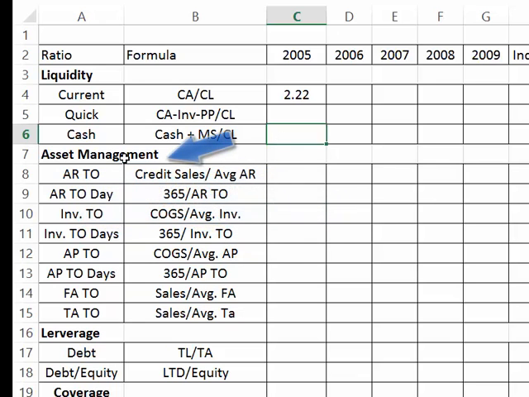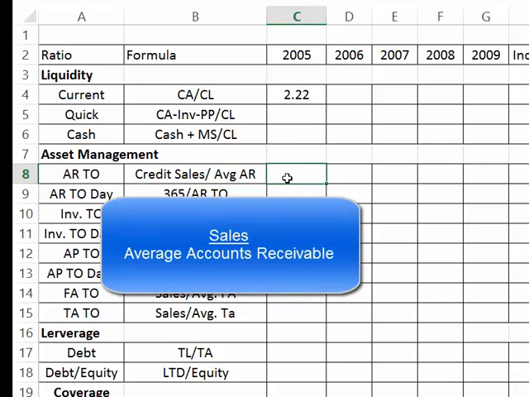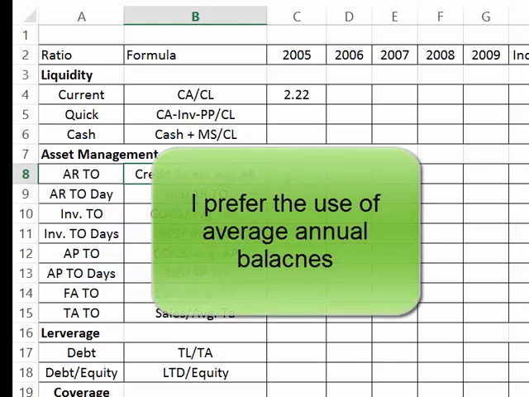The next section is asset management. The first one that I'll show you how to do, most of you did this based on a year-end account balance for AR. That's fine, except in my mind, the credit sales are part of the income statement. And you remember that the income statement tells a story over the entire year's period, where the AR comes from the balance sheet and only tells a story at year end.